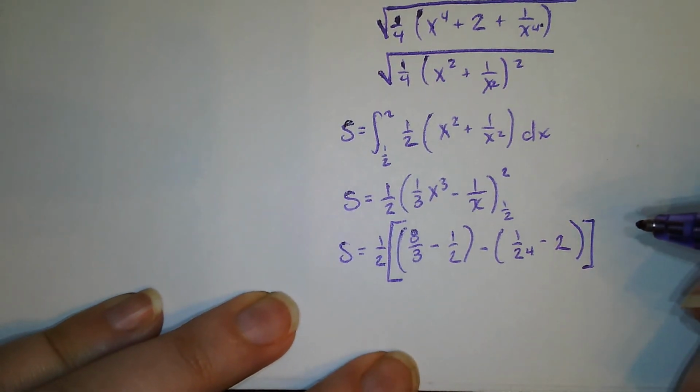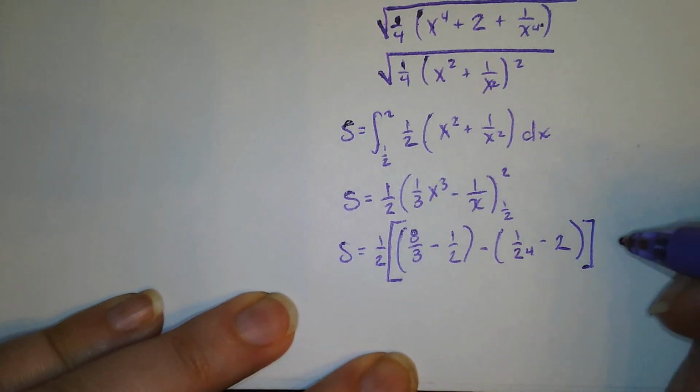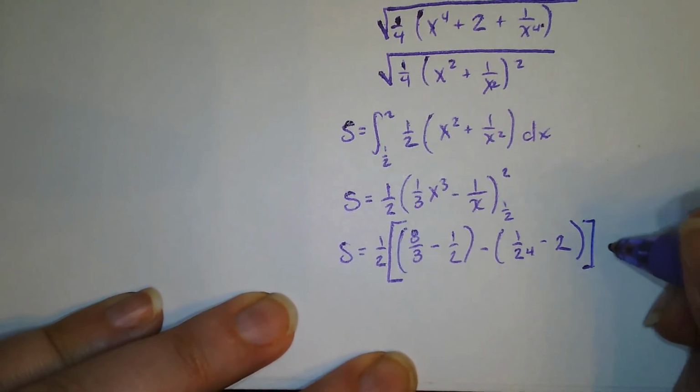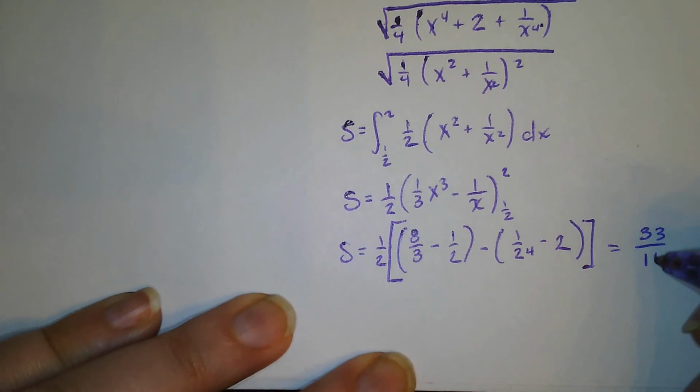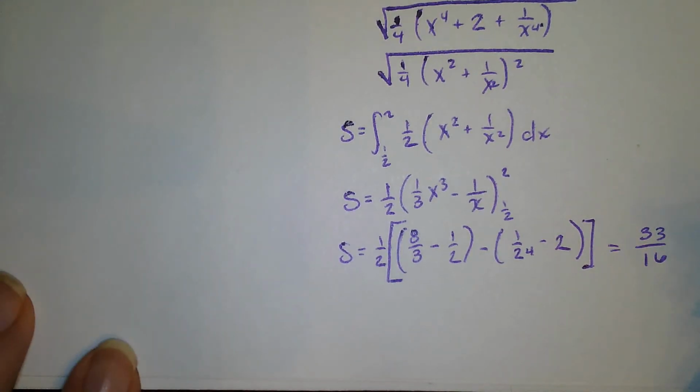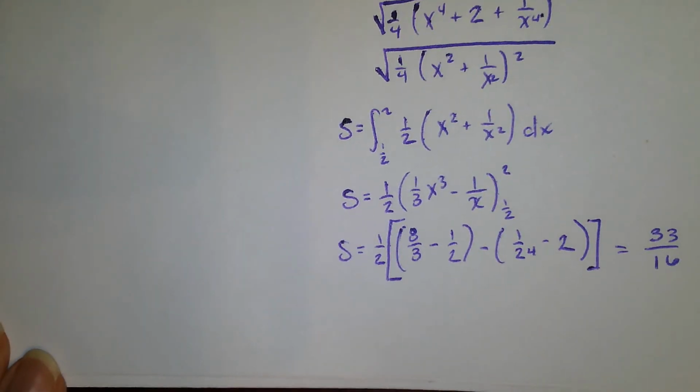Anyhow, you do all of that, once you figure it all out, you're going to end up with 33 over 16, which of course we can round off to a number.